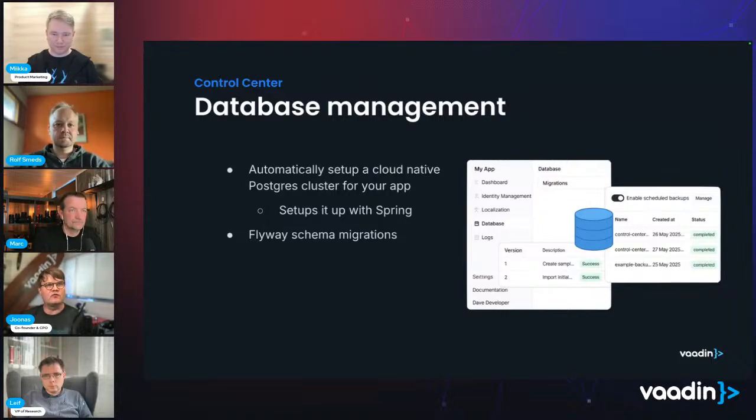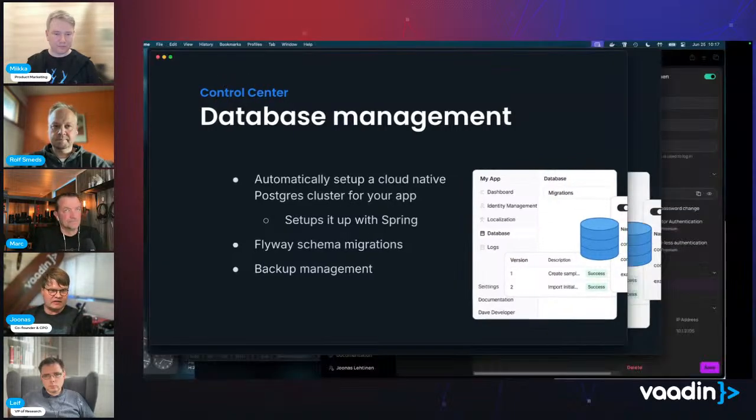When you create a new application version that supports new features, you just add a migration script and push that to production. And finally, we have backups. So a full set of basics for a database that you get without much configuration.